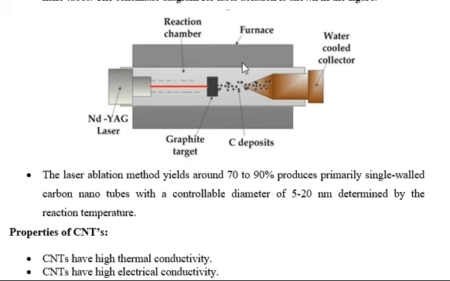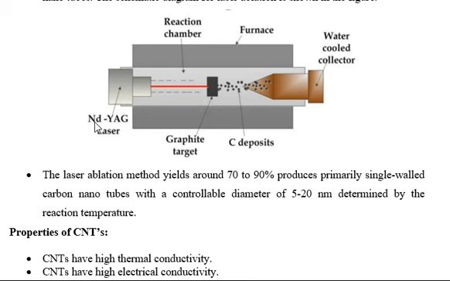See, in the figure there is a reaction chamber, and inside the reaction chamber we have a graphite target and a water cooled collector over here. The inside graphite and water cooled collector are covered by the furnace, and this inside one is called the reaction chamber.